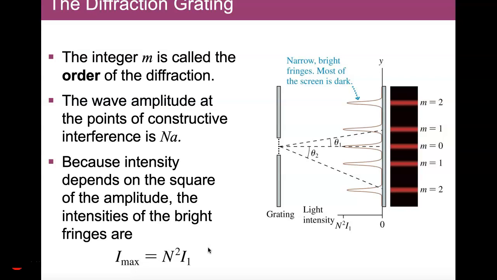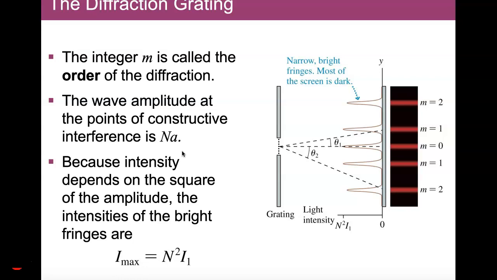And also, how does the maximum depend on the intensity of just one of these sources? Well, when we had two slits, at the maximum you have constructive interference of just two of them, so the amplitude is twice the amplitude of the individual ones. Intensity goes like amplitude squared, so it becomes 4 I1 at the maximum.